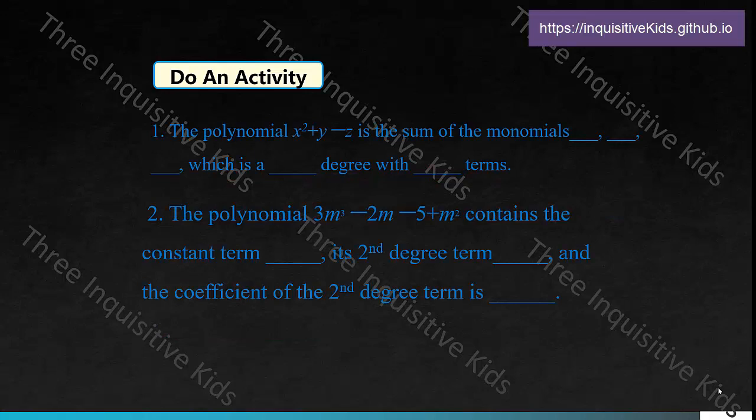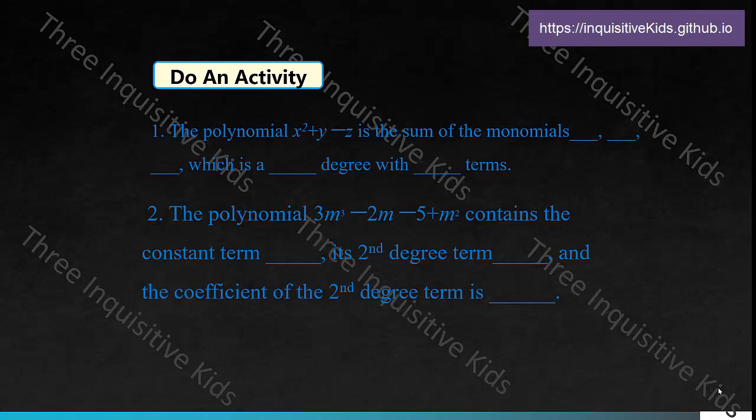All right, everyone. Now here's a doing activity. 1. The polynomial x squared plus y minus z is the sum of the monomials blank, blank, and blank, which is a blank degree polynomial with blank terms. And 2.